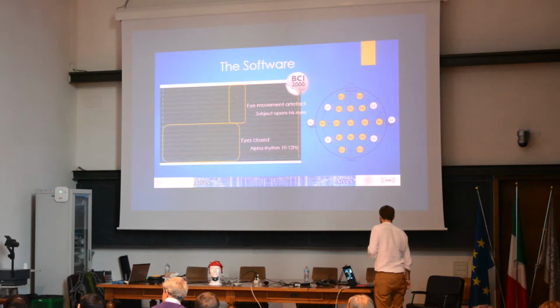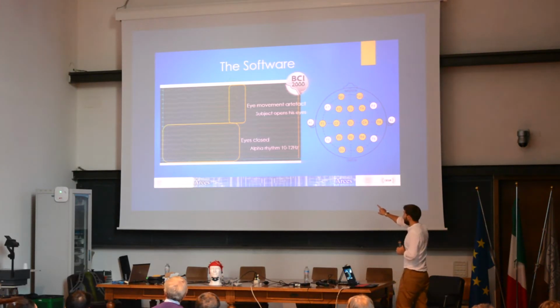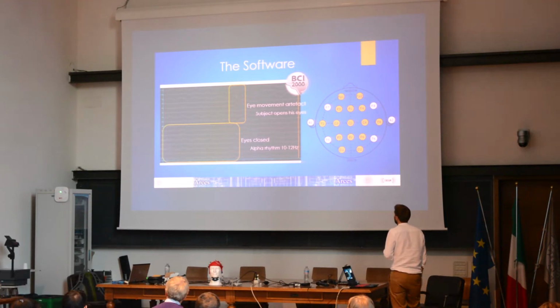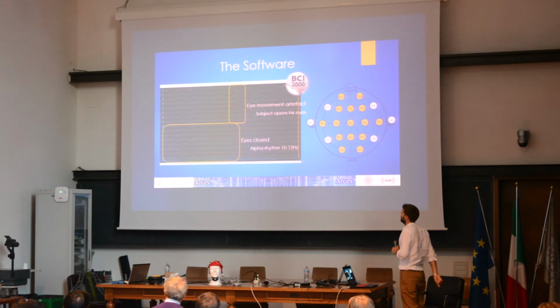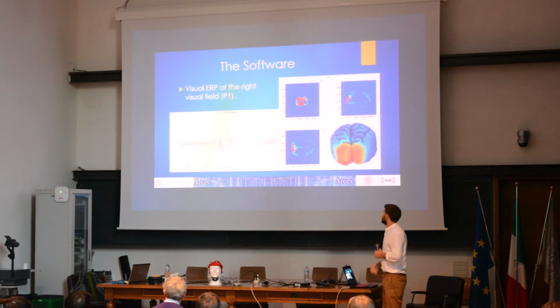The plot on the left shows a man with his eyes closed, so you can see an alpha rhythm, which is an oscillation in the occipital region between 10 and 12 Hertz. And when the subject opens his eyes, you see eye movement artifacts, and then nothing else.